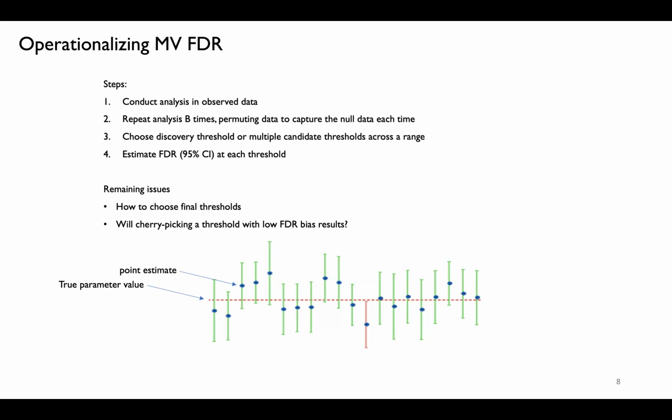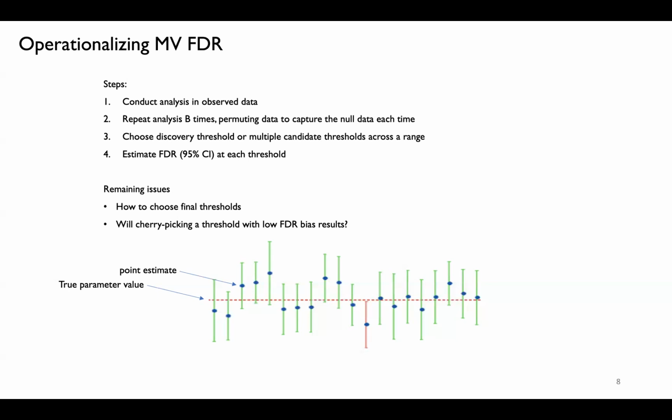Then we choose a discovery threshold or multiple discovery thresholds across a range of our statistic, right? Some range that we think our alternative statistics will fall across somewhere. So we choose these candidate thresholds, and estimate FDR for each threshold with the confidence interval.